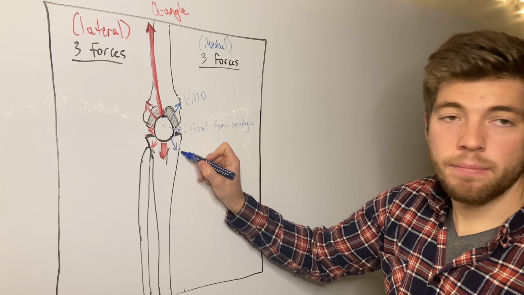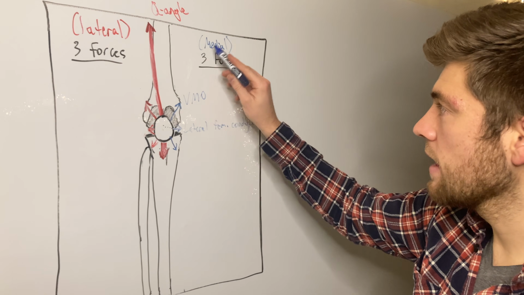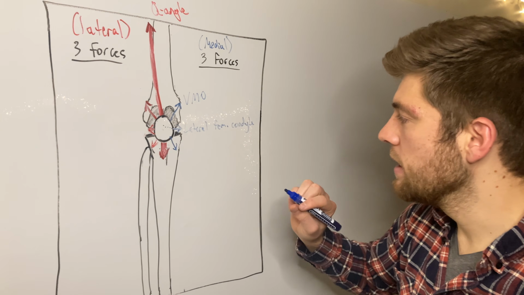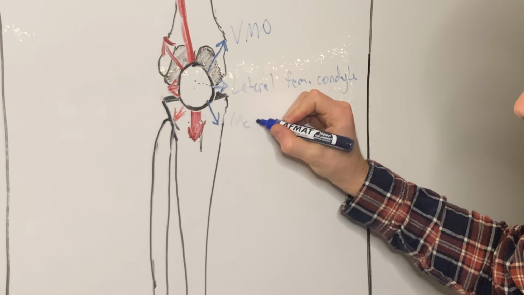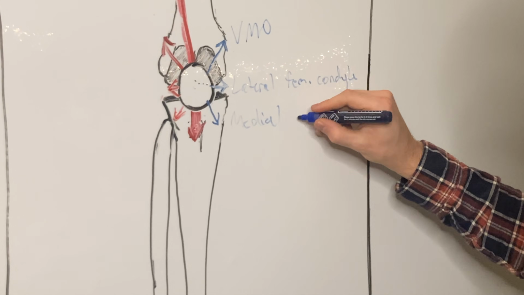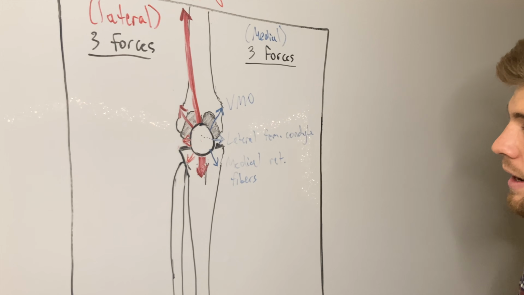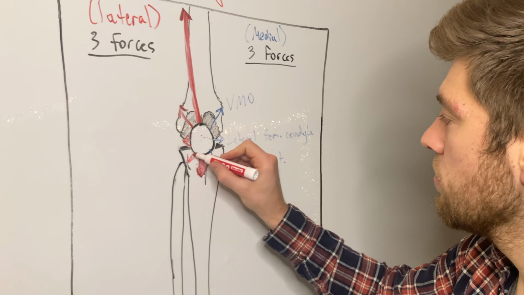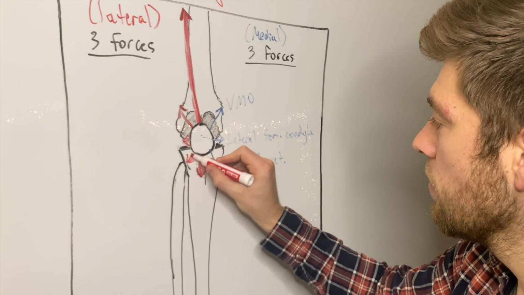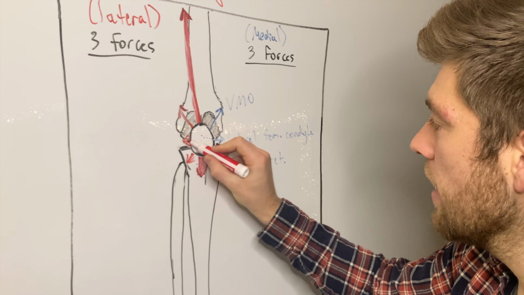And then we have this bottom arrow that's medial, and that will be the medial retinacular fibers.